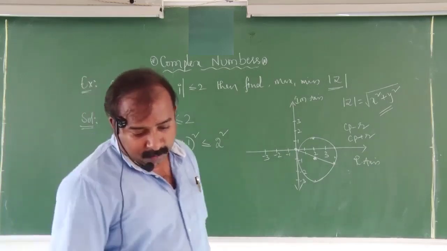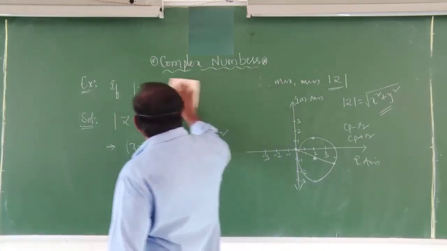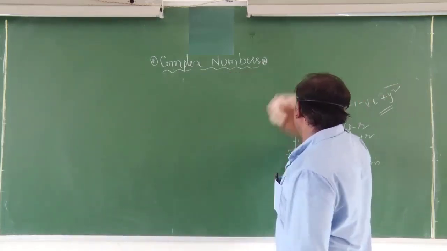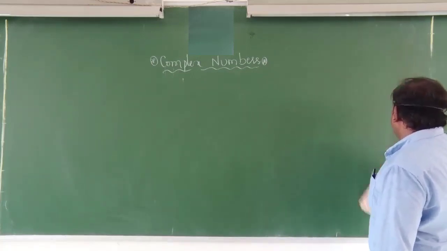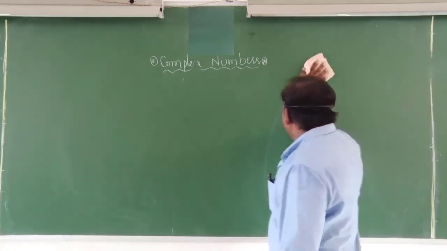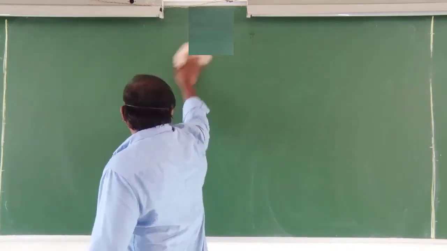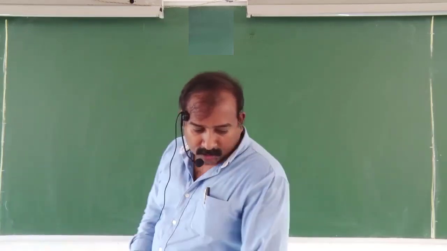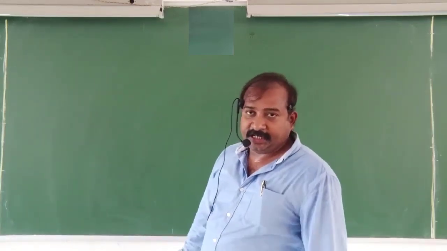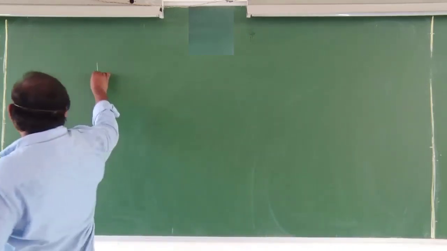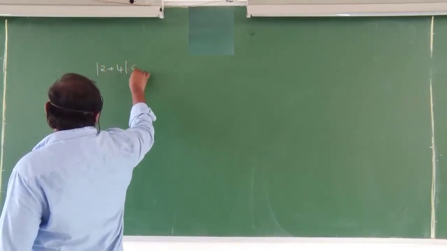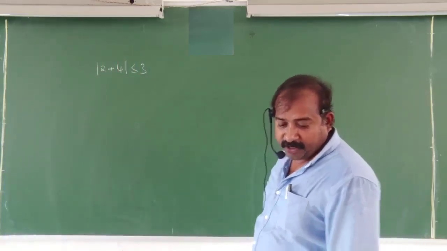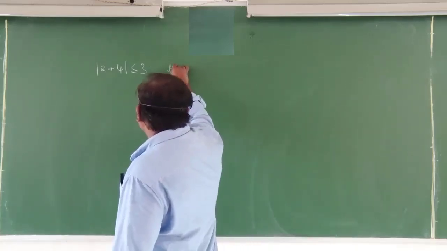Okay. Next, one more example. Z is any complex number such that modulus of Z plus 4 is less than or equal to 3.